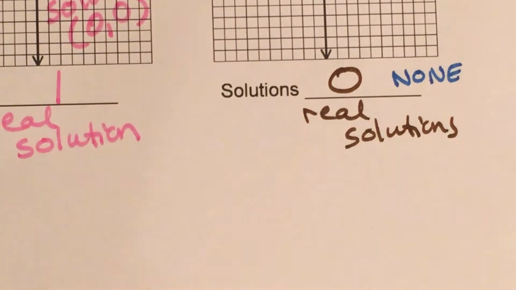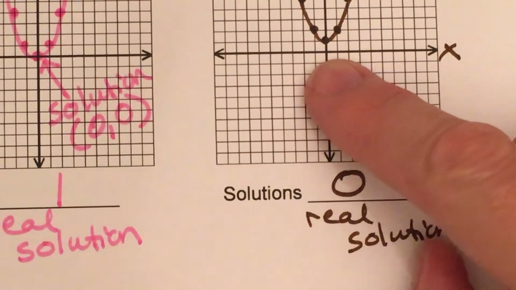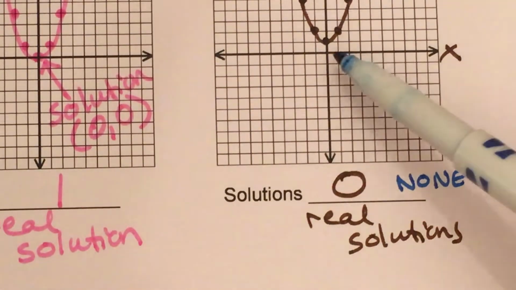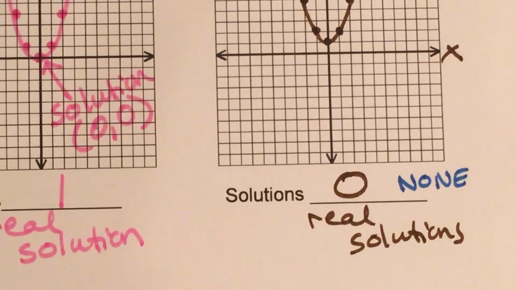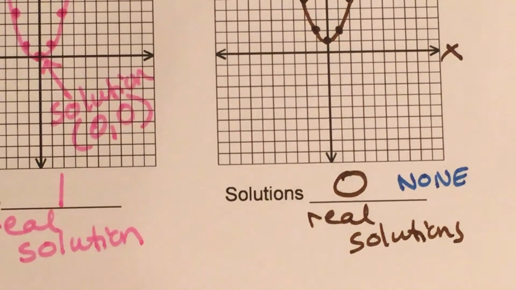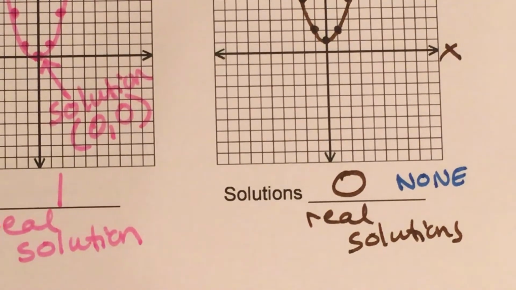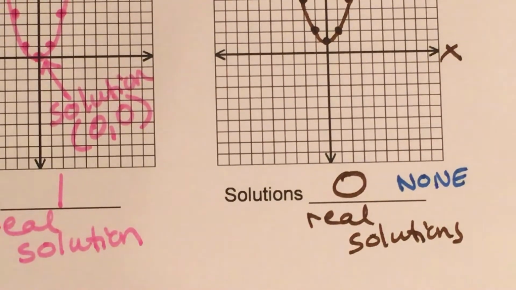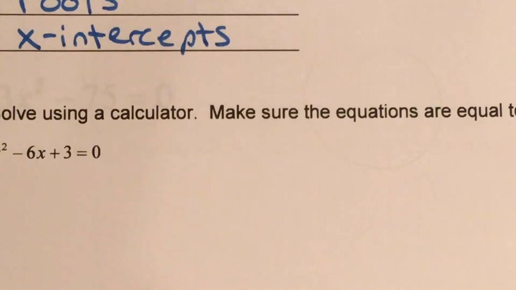But if it says, what is the solution? This is not 0 because the solution does not happen right there at the origin. So you need to be careful with your semantics and the vocabulary that they use in the question, and just really being attentive to the grammar and exactly what's asked of you.